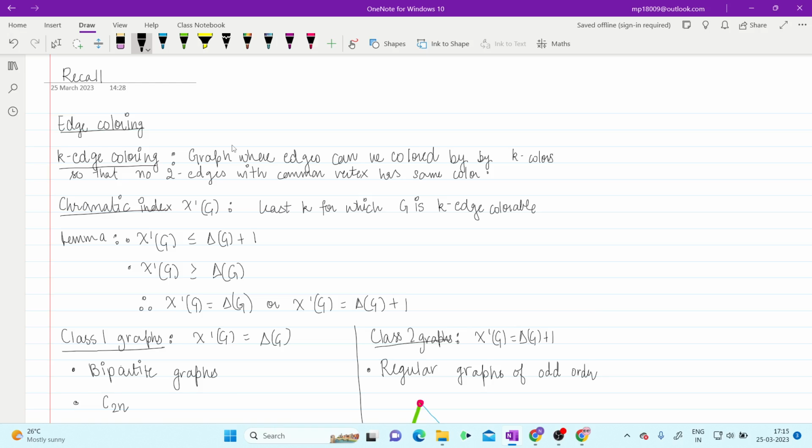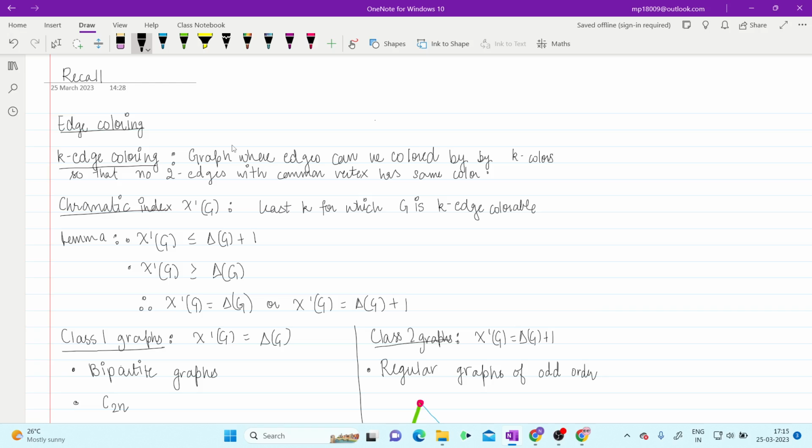So a graph will be called K-edge colorable if we can color its edges with K colors in such a manner that no two edges with a common vertex have the same color. And the least K for which the graph G is K-edge colorable is known as the chromatic index.